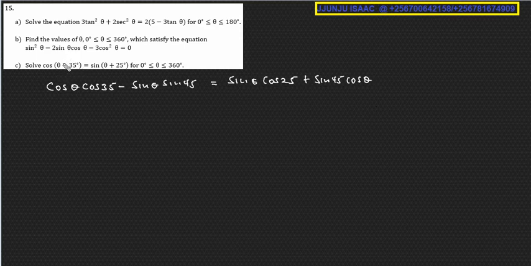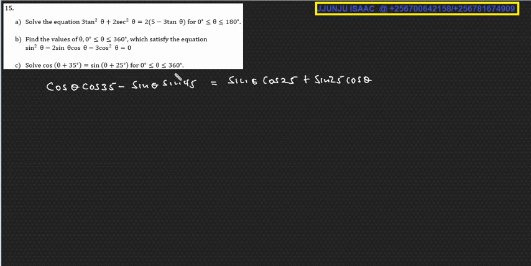Remember, for cos, when there is a plus here, we use a negative, and for cos we always begin with cos, then sine. Whereas this one is sine cos, only that we interchange the angles. We have theta here, then we have 45 on sine, then we have 25 here, oh, this is not going to be 45, this is 25 here.